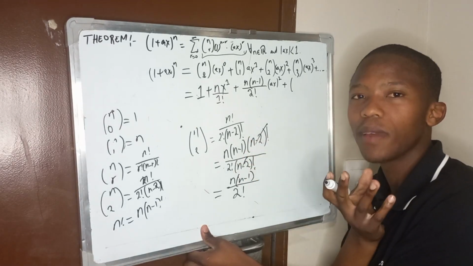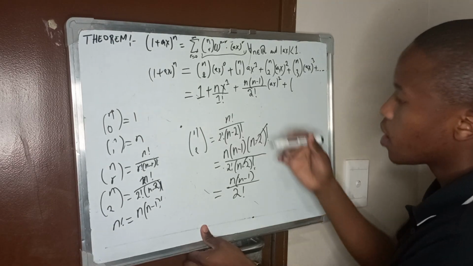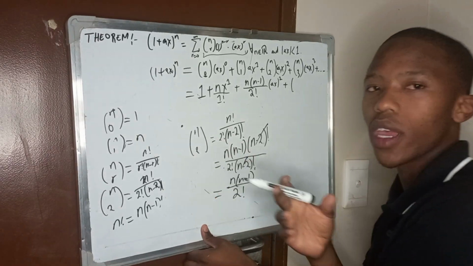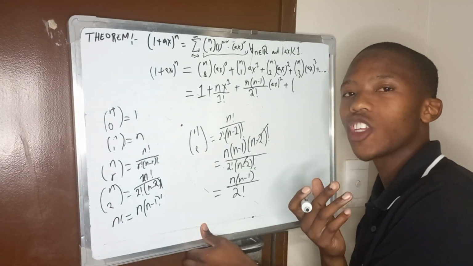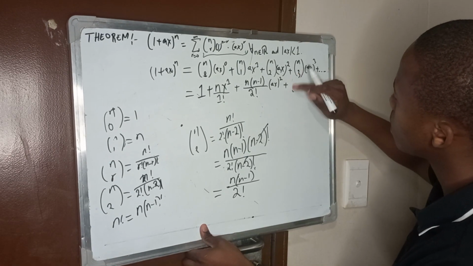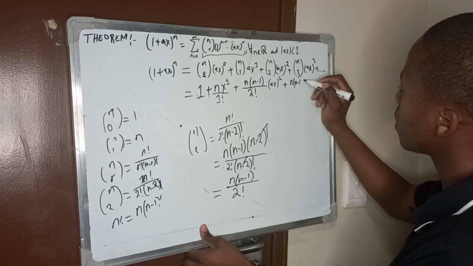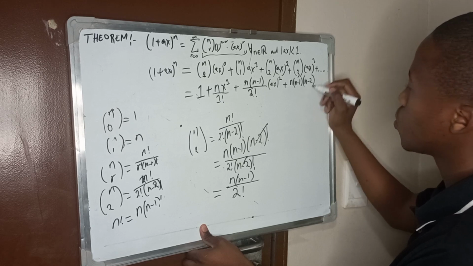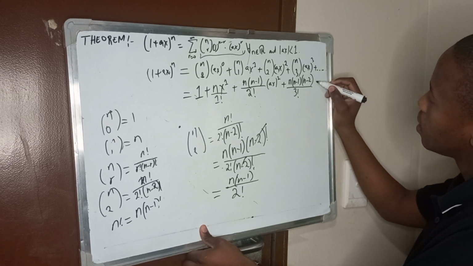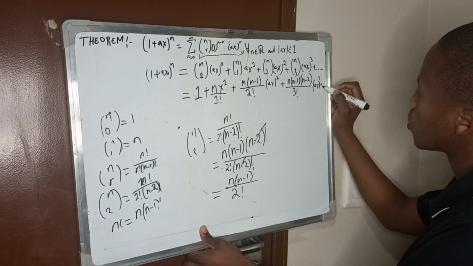Plus, now I'm not going to compute this because I want to make this video as short as possible, but I'm sorry about that. Using the same procedure that we used to compute n choose 2, you can use it to compute n choose 3. So n choose 3 has to be the same as n times n minus 1, n minus 2, all divided by 3 factorial, times ax to the power 3, plus dot dot dot.